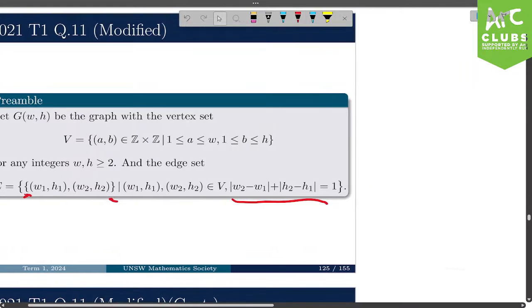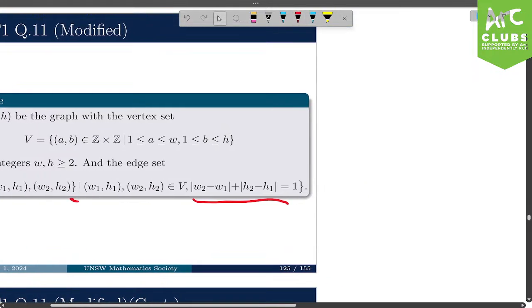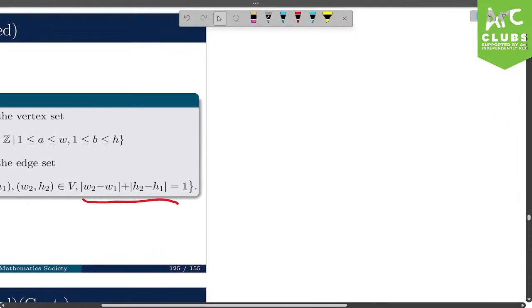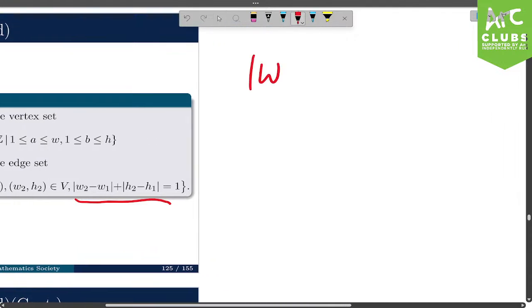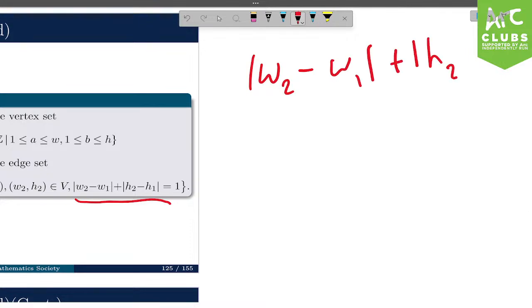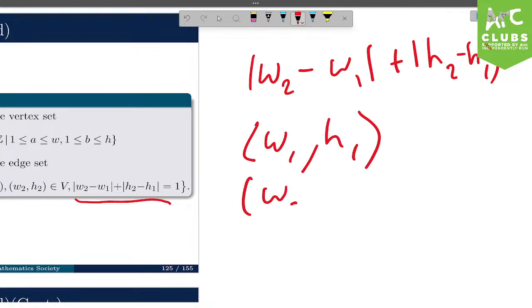A big part of this question is understanding what this looks like, because they used very abstract notation here. So we want to find W2 minus W1 plus H2 minus H1 for vertices (W1, H1) and (W2, H2). These are the only connections in our graph, and we want this to be equal to 1.